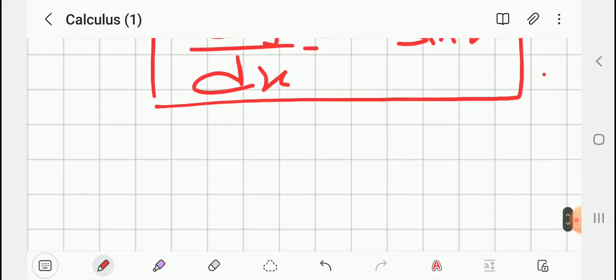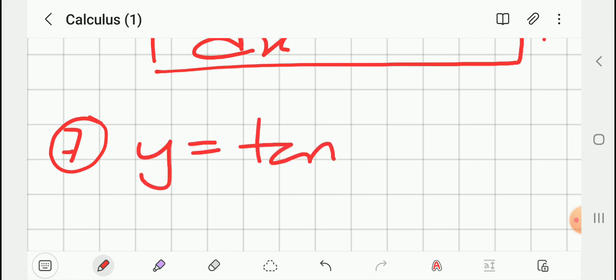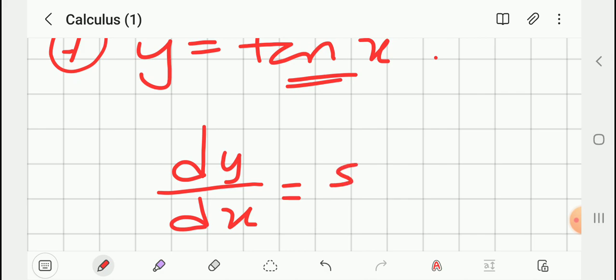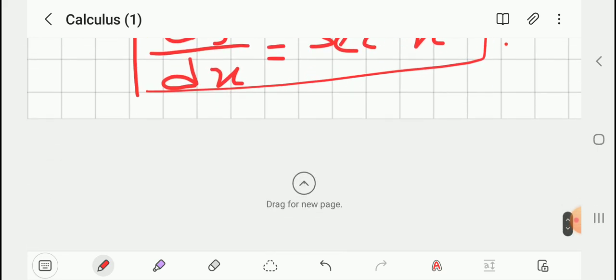Just note this down. Next we come to 7, which is when y is equal to tan x. At that point dy by dx is equal to sec square x. Right? Just note this down.